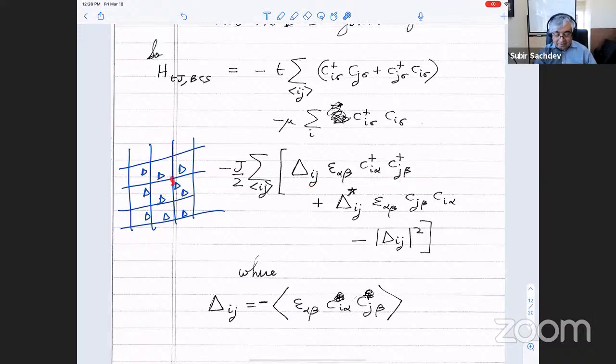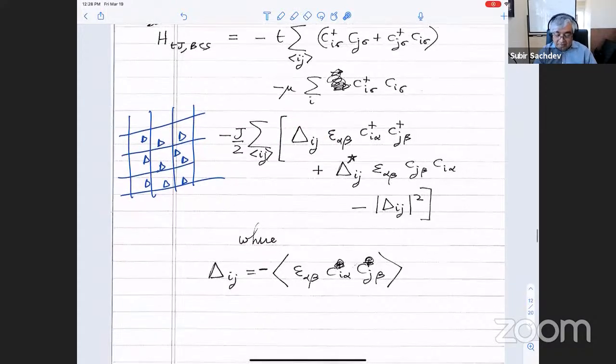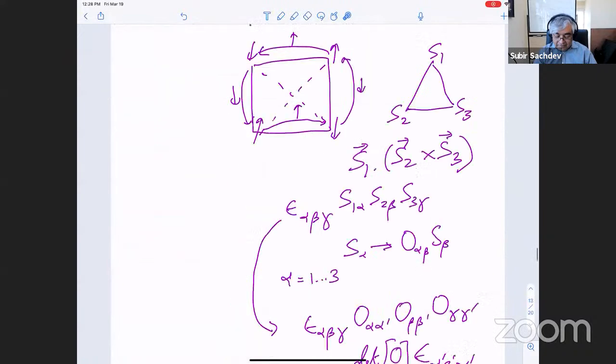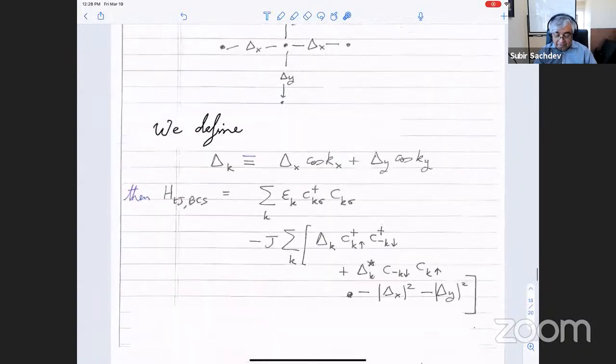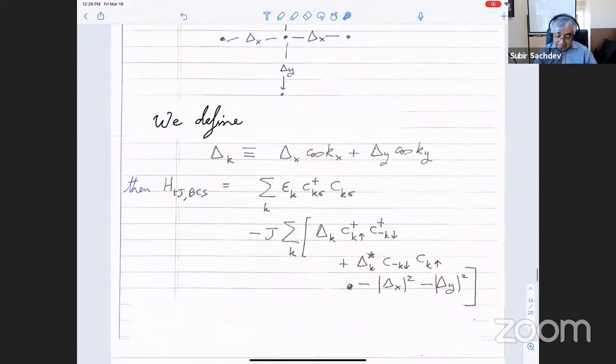So if i is here, j can be here, here, here, or here. And for each one of those, I'll get a delta x. And then I just do the sum and the Fourier transform. And when you collect all the terms, what you find is this Hamiltonian right here, with the delta x squared and delta y squared.